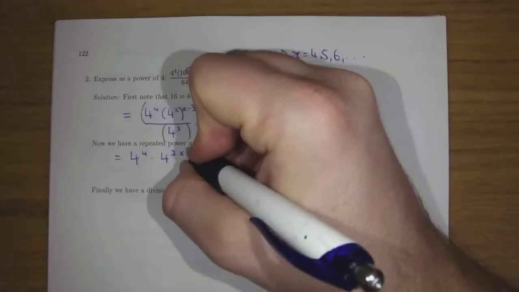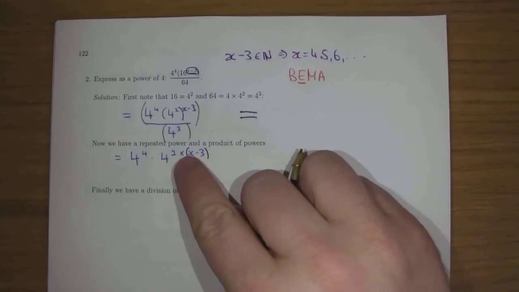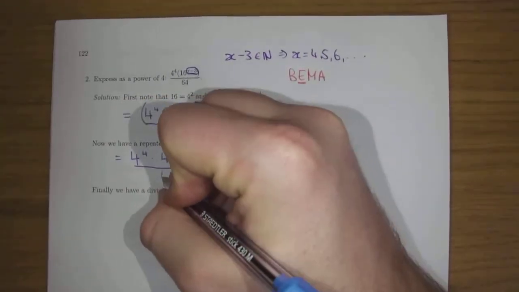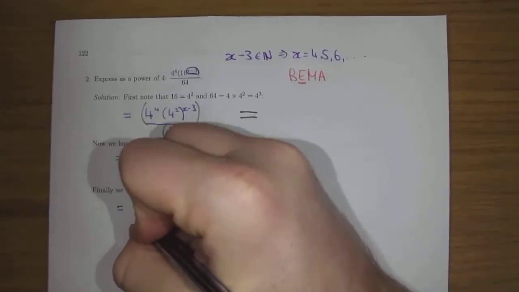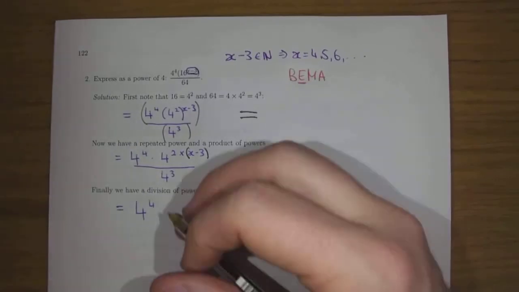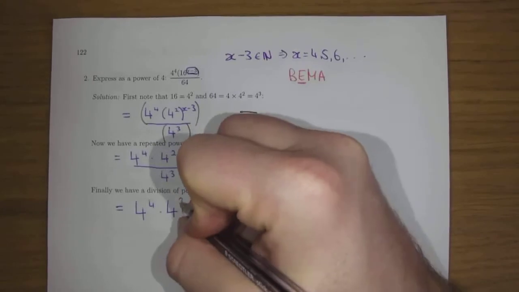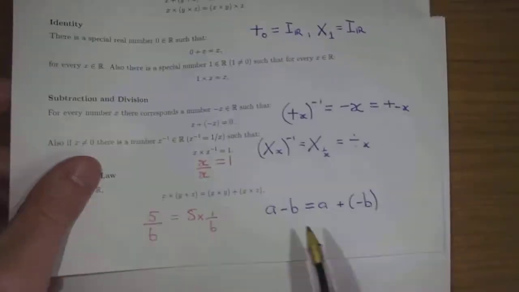So it's actually very important to show that bracket there, because you're multiplying a sum. And then divided by 4 cubed. I'm going to multiply this bit out. I probably don't have to do that, but I will. So 2x and then 2 by minus 3. I'm using distributivity. How do you multiply out a sum?